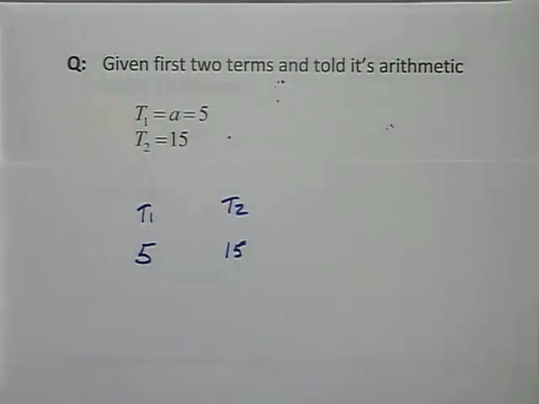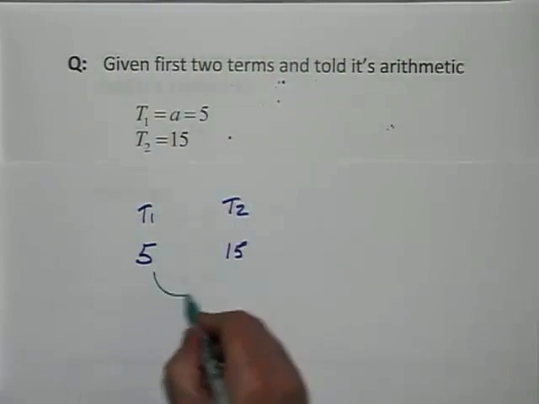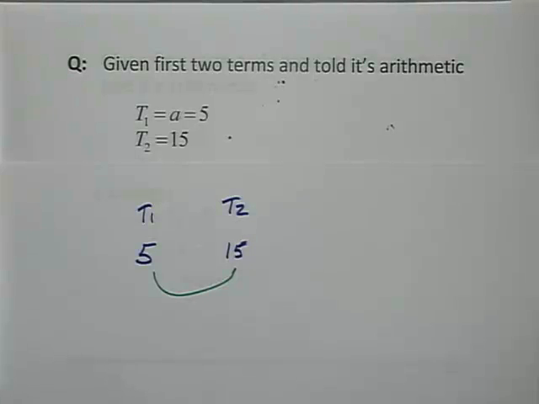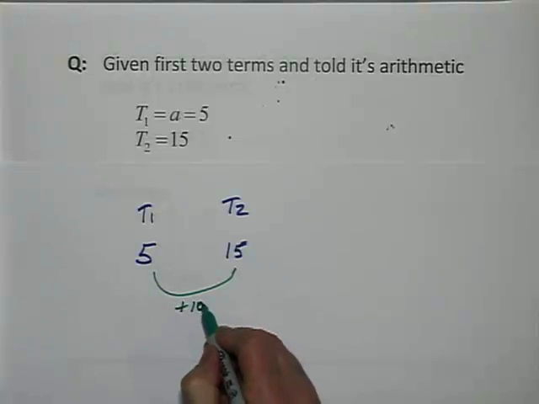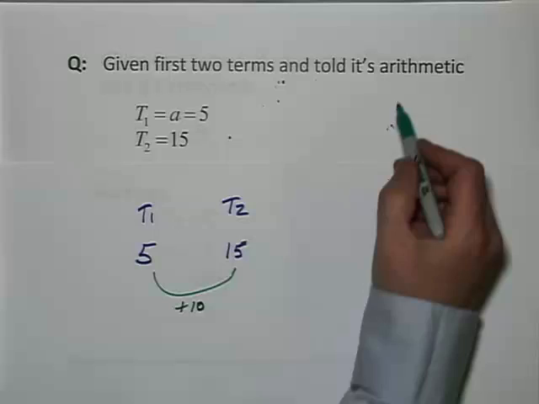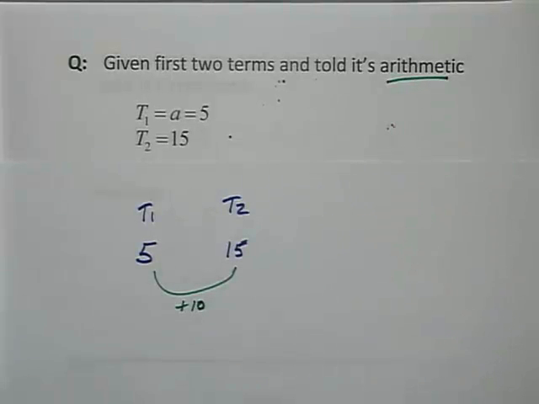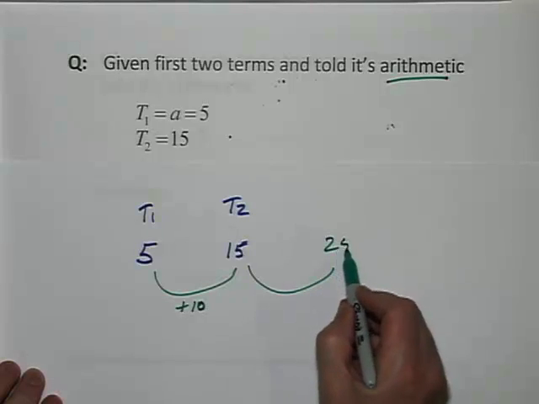What does that mean? That you get from the first term to the second term by adding, or by doing some subtraction. It's addition or subtraction. So what's the link between 5 and 15? How do you get from 5 to 15? Plus 10. Not multiply by 3, but plus 10, because you're told it's arithmetic. So if that's plus 10, you know the next one is going to be 25, etc.